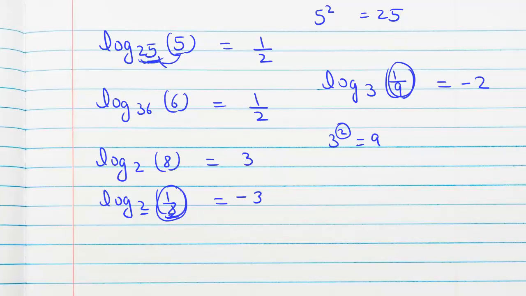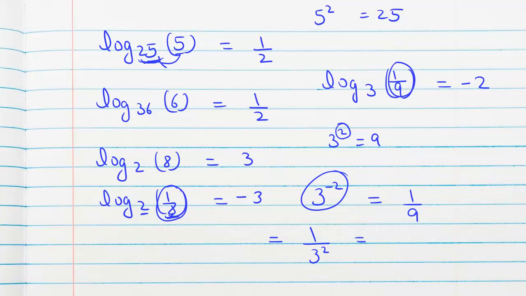Well, just imagine 3 to the negative 2 power, and I'm saying the answer will be 1 over 9. Why? Because when 3 has a negative 2 power, if we learned in the exponents, we remember that it becomes 1 over 3 squared. Because it's a negative sign, it comes to the denominator and the power becomes positive.